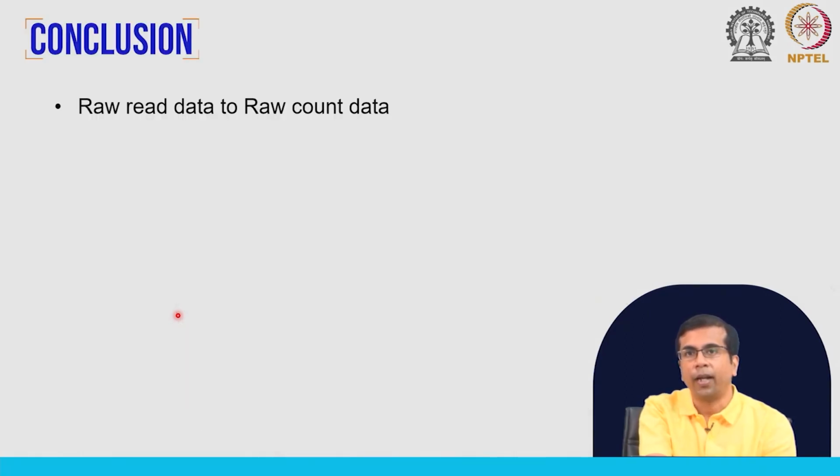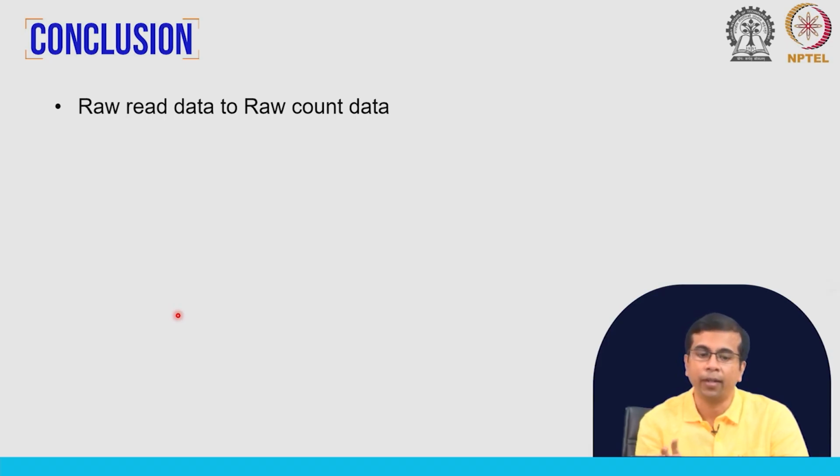So, what we have discussed is how we actually go from raw read data to raw count data, right. This is the quantification step in RNA sequencing, and this is a very important step. We now have the abundance of transcripts quantified in terms of numbers, as you have seen.